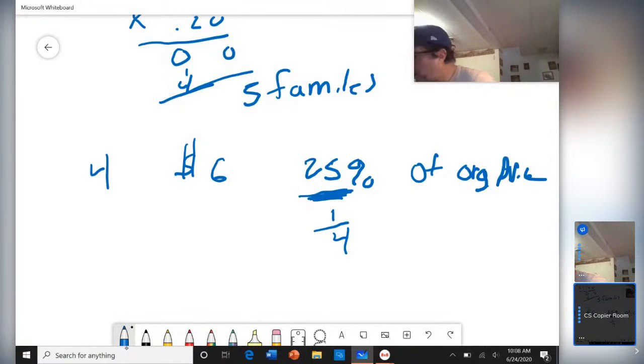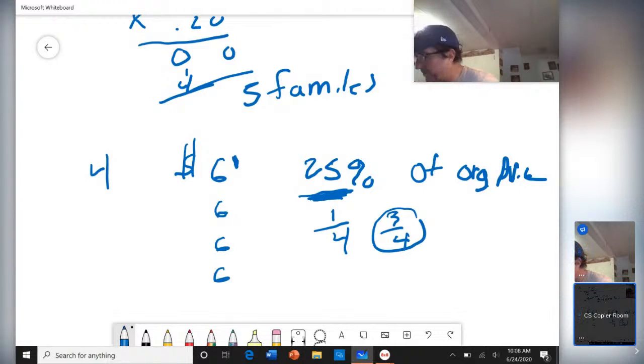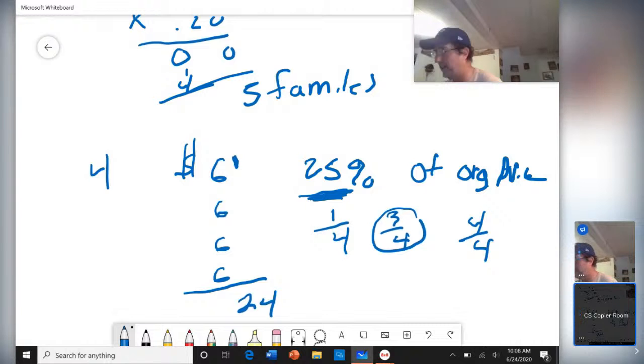So what you know is, I need to find the other 3/4. But if the price is 6 right here, basically I'm going to add 6 for 1/4. So we have 3/4 and 6. That would equal 4/4. So what you have here is $24. Because you know 25% is 1/4.